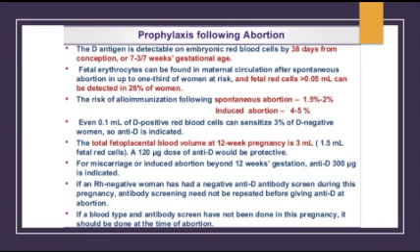If an Rh-negative woman has had a negative anti-D antibody screen during this pregnancy, the antibody screening needs to be repeated before giving anti-D at abortion. If a blood type and antibody screen have not been done in this pregnancy, it should be done at the time of abortion.